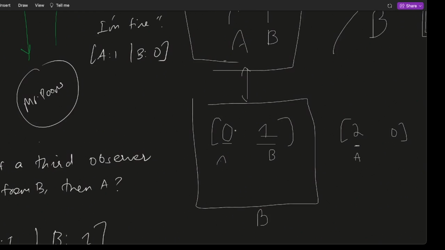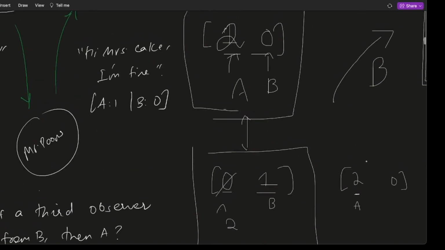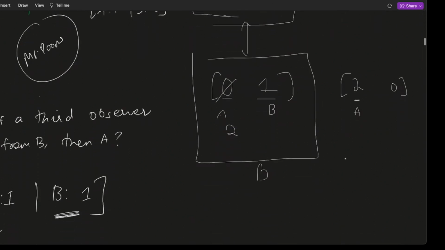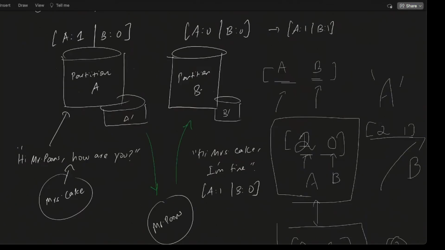So B will then finally update its version vector, and for node A, it sees that B has done 1 particular operation over here. So node A will also update its version vector. So the final version vector of both these states will be 2, 1. Now, obviously, alongside with updating the version vector, they'll also update the actual data. So they'll update x is 5 or x is 3, whatever value it is.